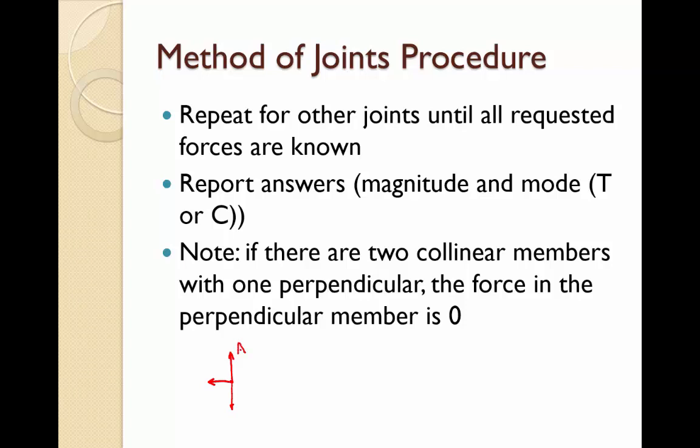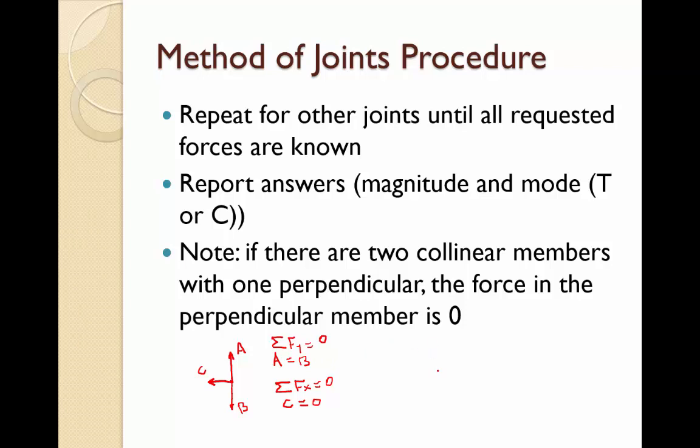And we'll call this A, B, and C. You'll see if we sum forces in the y direction and apply static equilibrium, you'll find that A equals B. However, if you sum forces in the x direction, there's only one unknown. And actually, there's only one force. So that means that C is 0. And that zero force member statement is a big help.